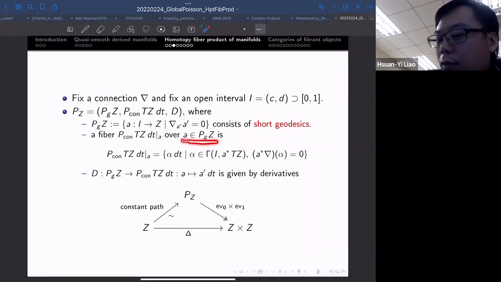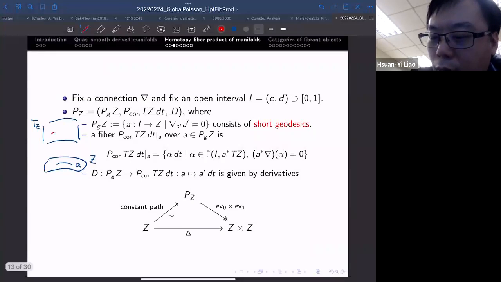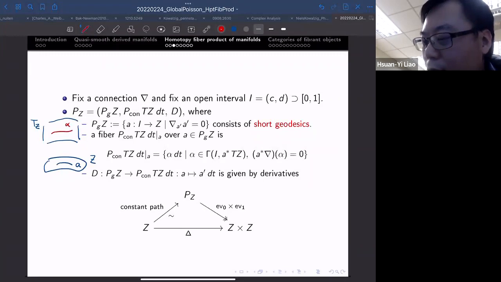So given a geodesic A in Z, the fiber over A consists of sections alpha of the pullback of TZ over A, such that the pullback connection applied to alpha is equal to 0.